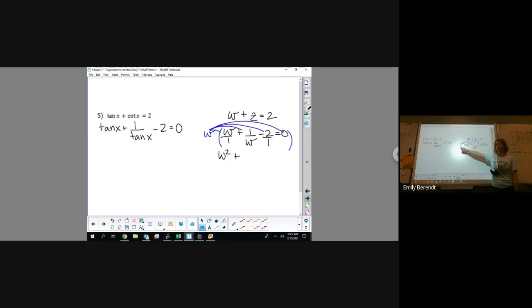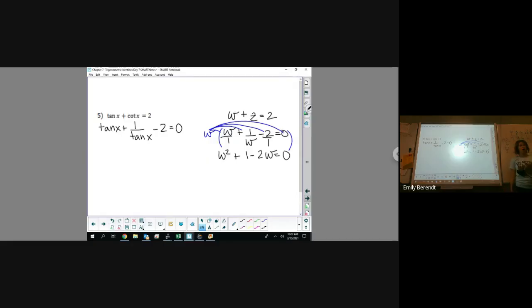Plus, when you take W times 1 over W, they cancel, leaving you with plus 1. Take it to the third term, we would have minus 2W. But what you do to one side, you have to do to the other. Well, what's 0 times W? 0. Hey, we got rid of the fractions.